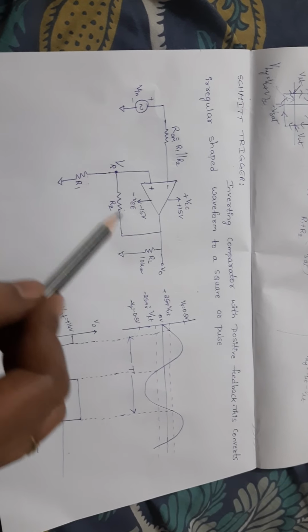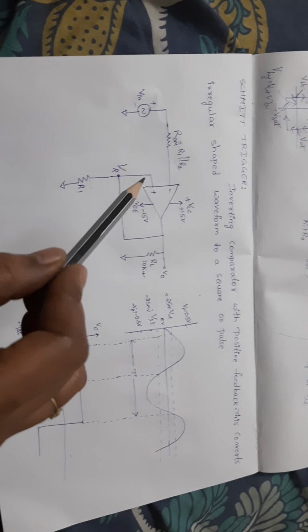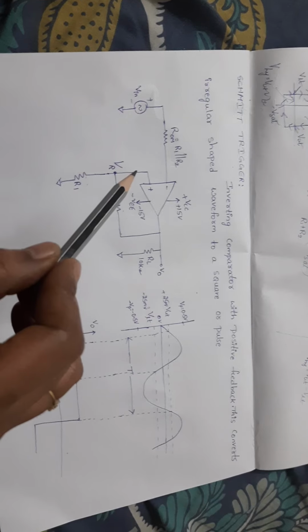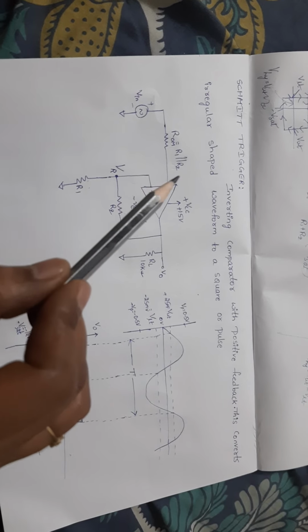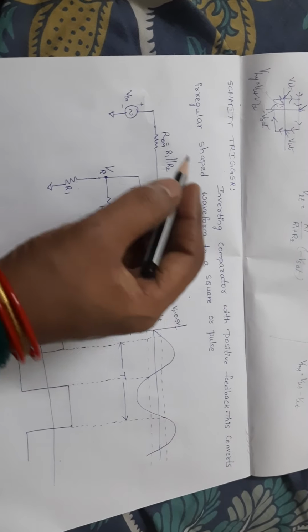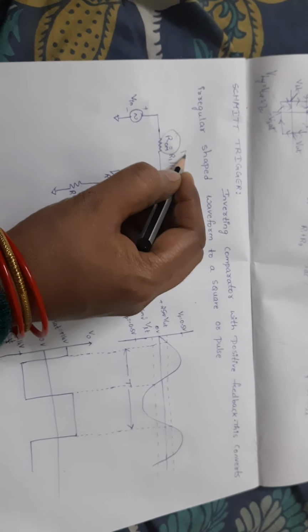So how is the explanation? See, this ROM is there, no? It is in parallel with R1 and R2. It is used to minimize the offset errors.